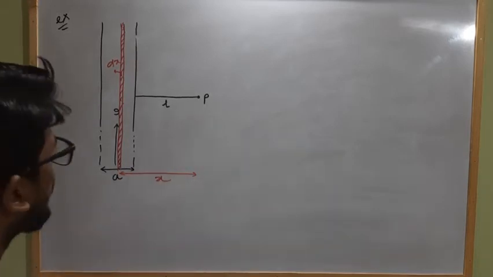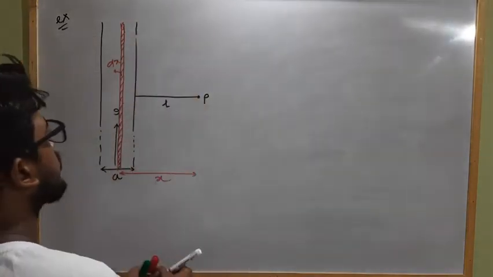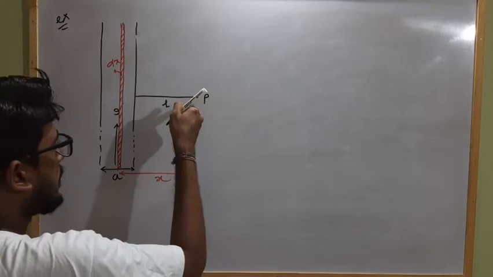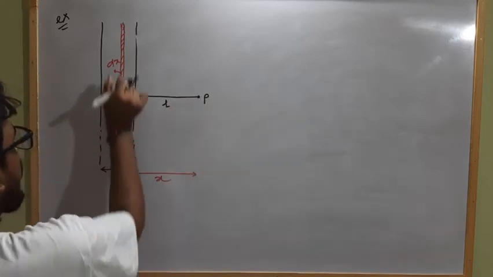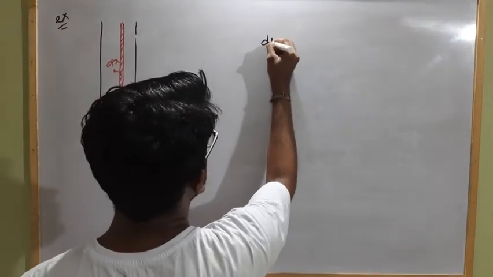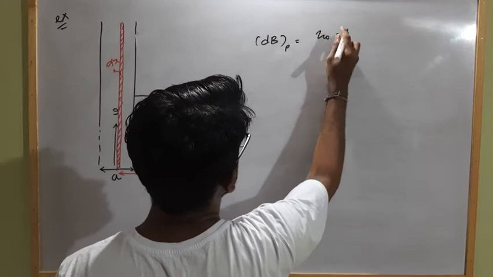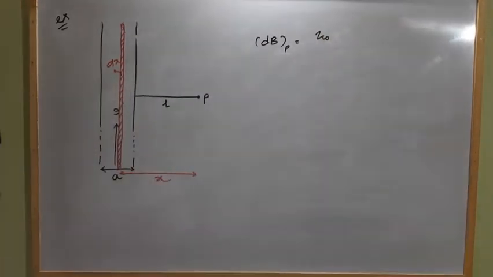Clear? The current is flowing uniformly. So what will be the value of magnetic field strength at point P due to this small infinitely long straight segment? That will be dB at P, which will be mu naught. What is the value of I?